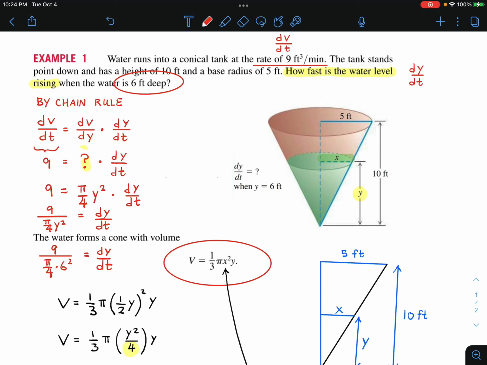And you will come up with the answer, I believe, 1 over pi for this derivative. I did make a small mistake in the calculation when I worked out the answer here. So make sure that you see the correct answer in this example number 1. It should be 1 over pi for the derivative dy/dt.